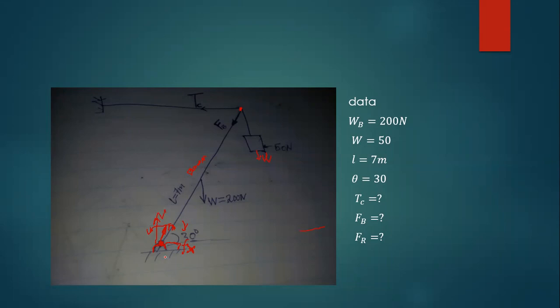All right. There will be a force in the y-axis and the force in the x-axis. So let's see how we can compute the unknowns, what we don't know. The reaction force, the force in the boom, the tension in the cord, with this information that we have been given.